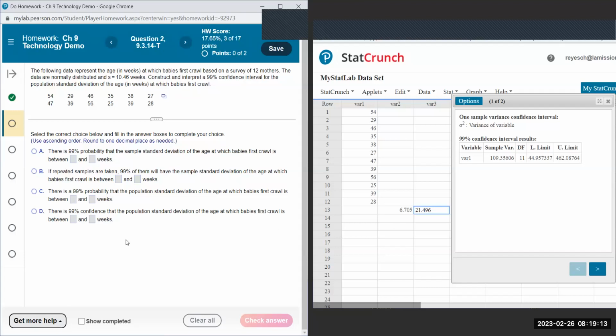Okay, so now I have to select the correct one. So remember, this one says construct a 99% confidence interval, and this one says 99% probability. This one says probability, and this one says confidence. So it's between these two. So if repeated samples are taken, 99% of them... No, that's on the sample.